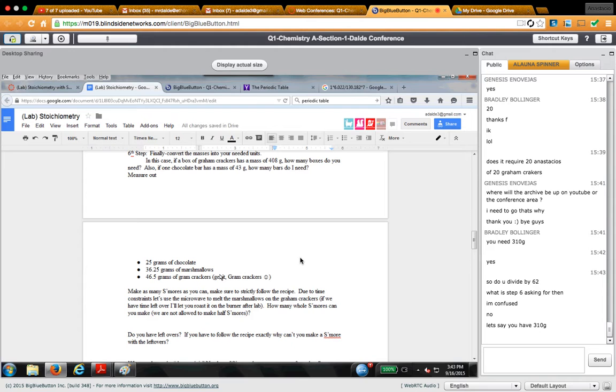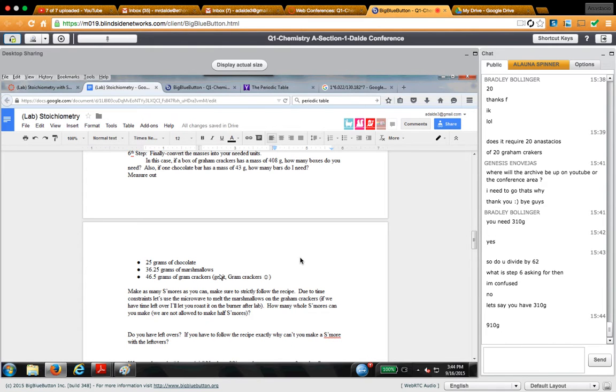Pretend that you needed 900 grams of graham crackers. Got it? How many boxes would you buy if each box contains 408 grams of graham crackers?